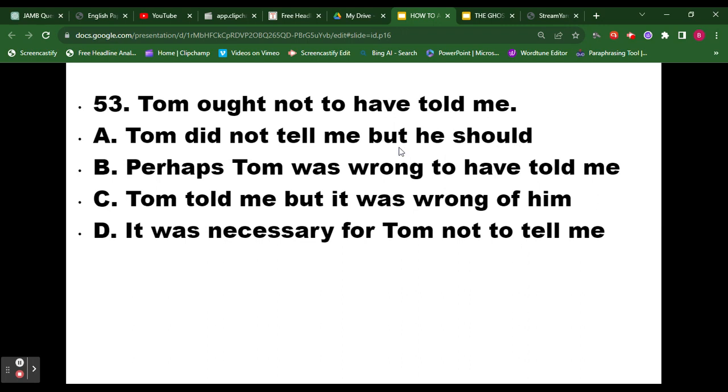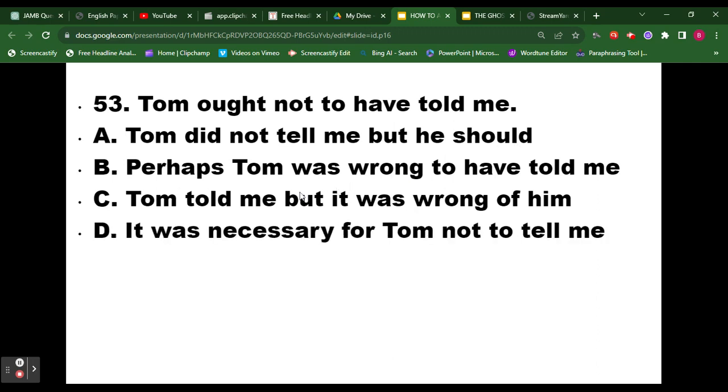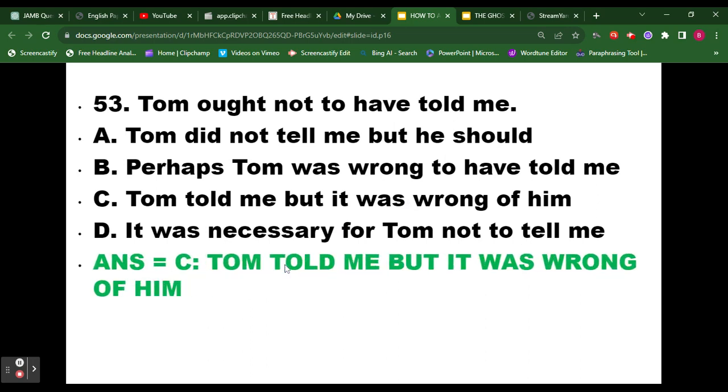That is not correct. B, perhaps Tom was wrong to have told me. There's no element of probability here. C, Tom told me, but it was wrong of him. This is the correct option. So the answer is C, Tom told me, but it was wrong of him.